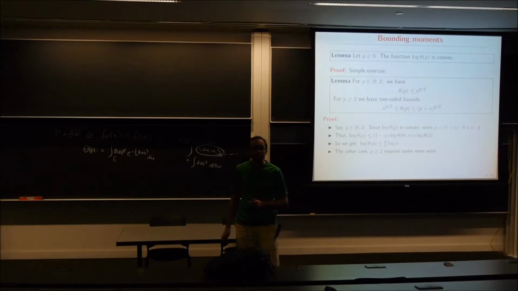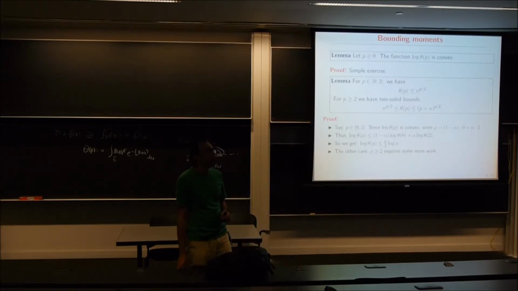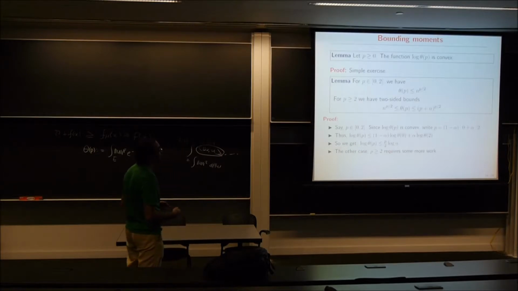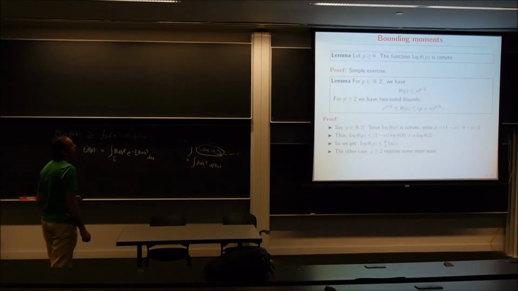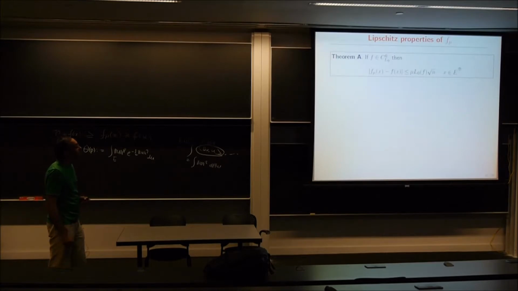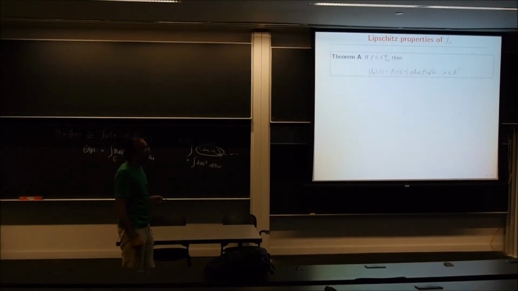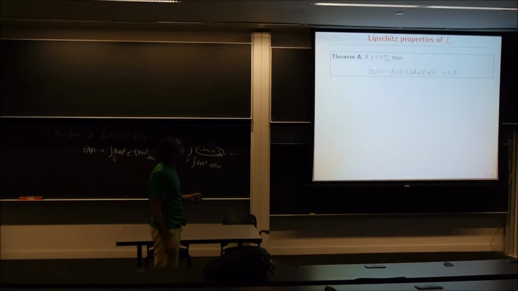So this is nice because now we know what theta 1 is upper bounded by. Theta 1 is upper bounded by square root of n, and theta 2 is upper bounded by n. So you have some control on these moments. Okay, so now we'll use that to prove the result, how far f is from f mu.